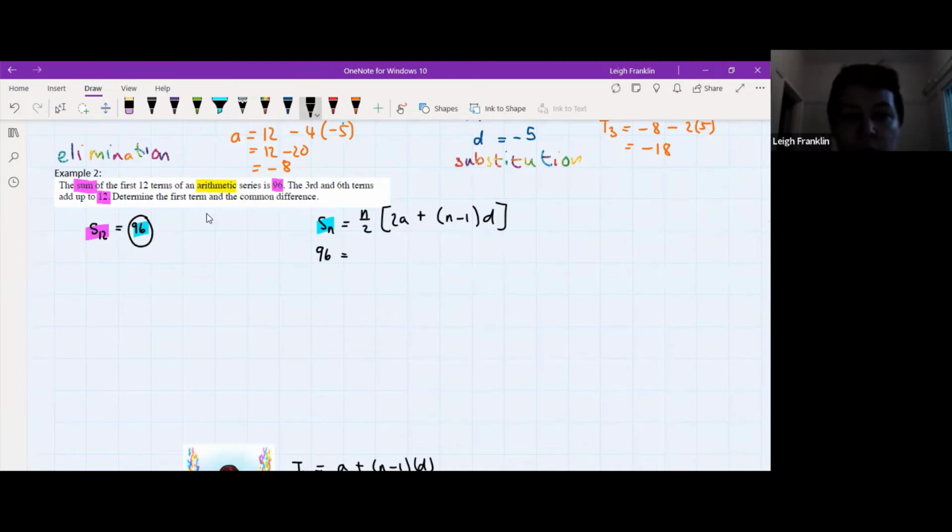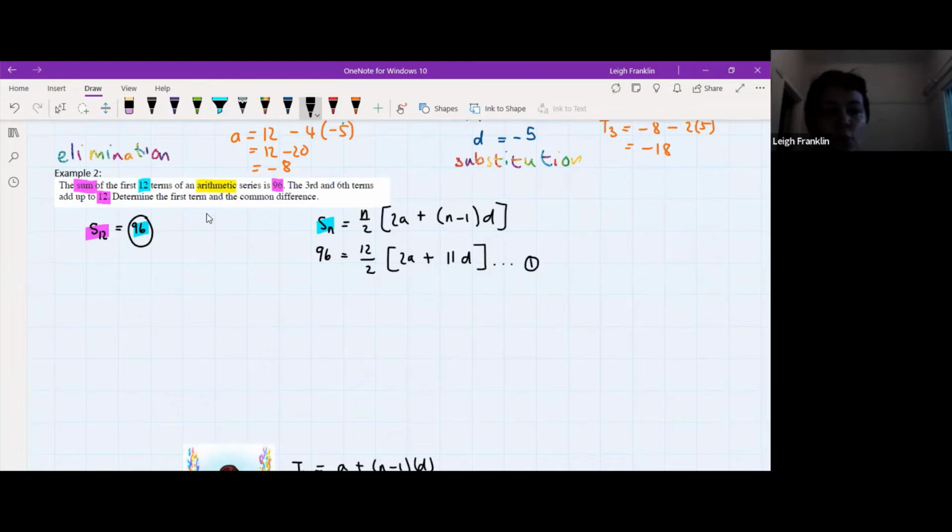N over 2, and then here, 2a plus, I know what n is. They told me that it was 12 terms. So over here, I need to replace that with 12. And now I can put my 12 in there. Plus 12 minus 1, so that would be 11 times d. And that is the first equation I can make from the first sentence.